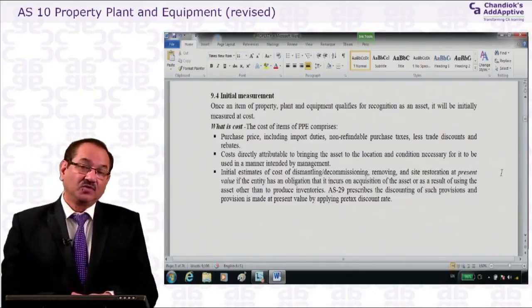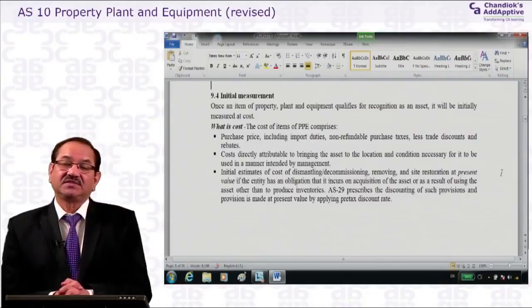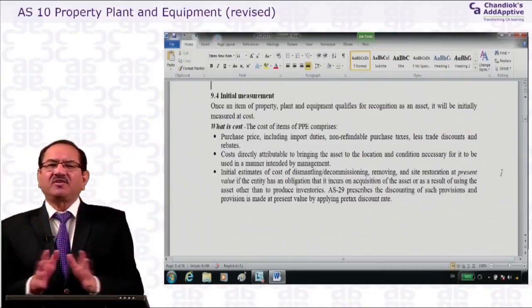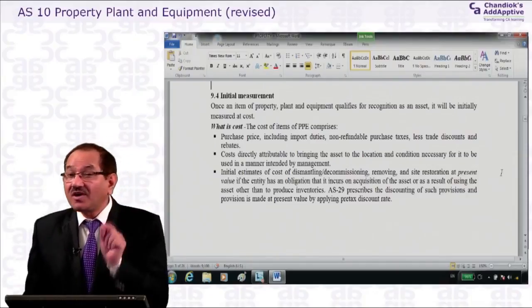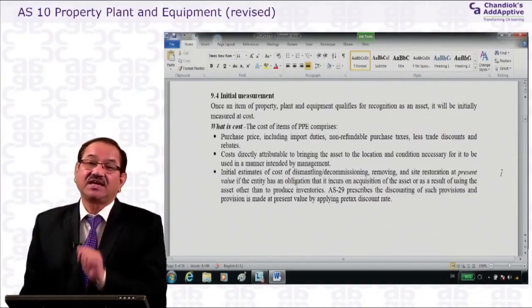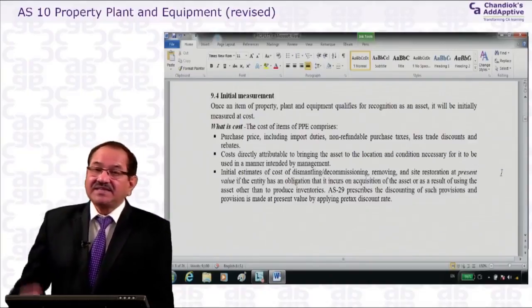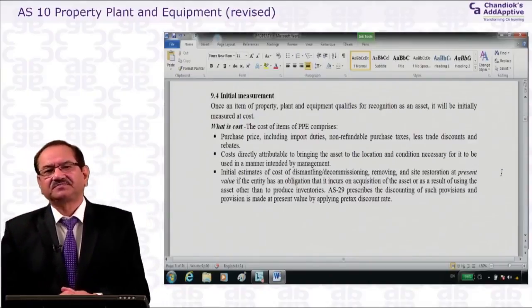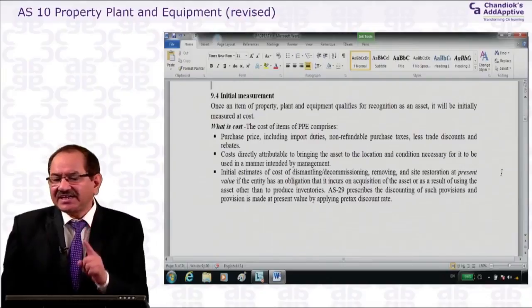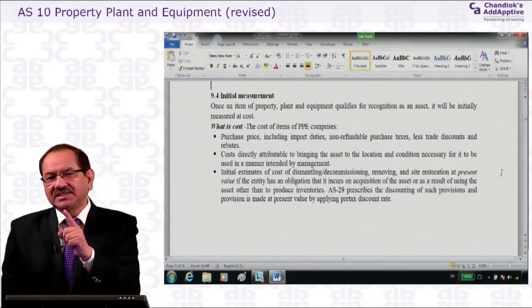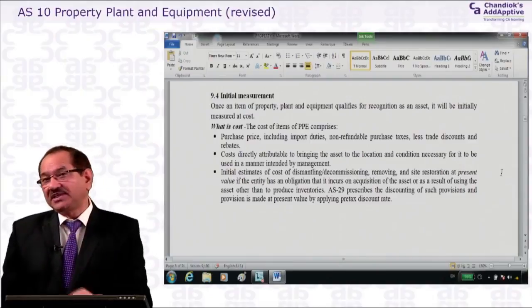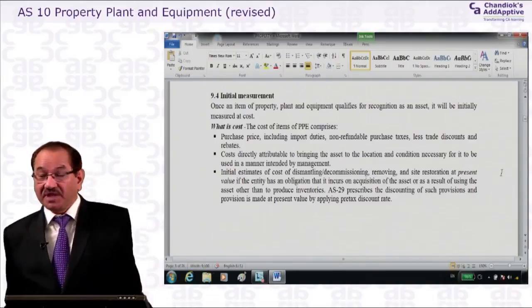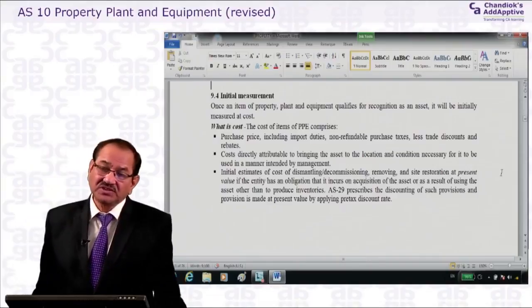Dear student, you will now find the difference. We never talked about the present value in the earlier standards. We are talking about present value in these standards, and that's the effect of the IFRS. It says that if you have to make a payment of 10 crores after 30 years, please include the present value of that 10 crores. Present value may be 2 crores or 3 crores.